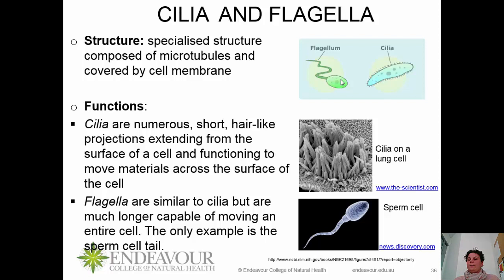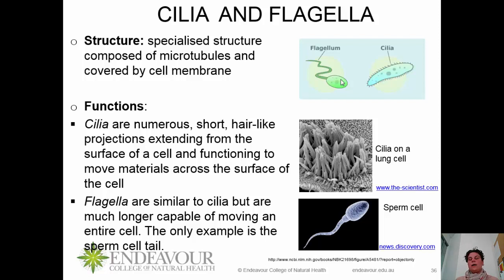Flagella is a similar concept. It's still microtubules protruding out that are covered by the plasma membrane. But now we're talking about one particular structure. It's almost like a tail of the cell, and that tail you only find in one cell in the body, and that's the sperm cell.